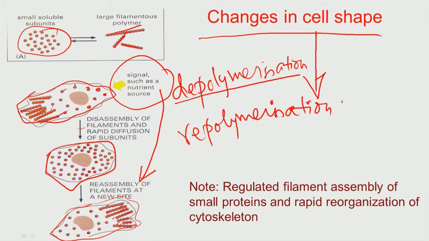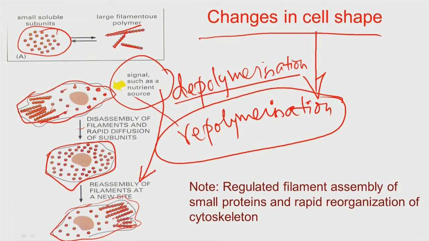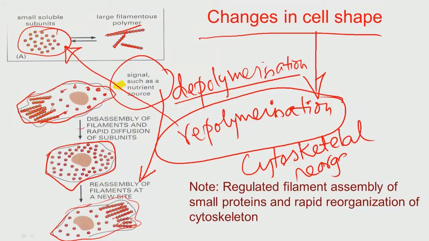Under certain signaling environments, repolymerization of these small soluble subunits can lead to actin filament formation again, not at the original place of their degradation but at other sites of the cytoplasm, and that way actin filament depolymerization and repolymerization can lead to the process called cytoskeletal reorganization.